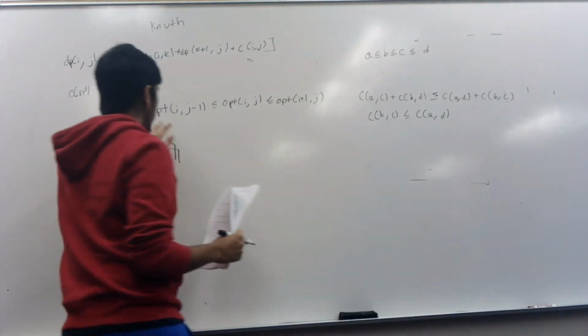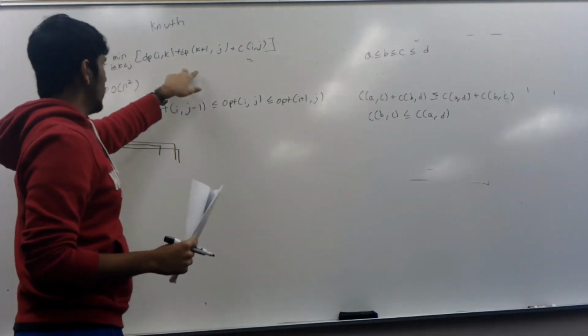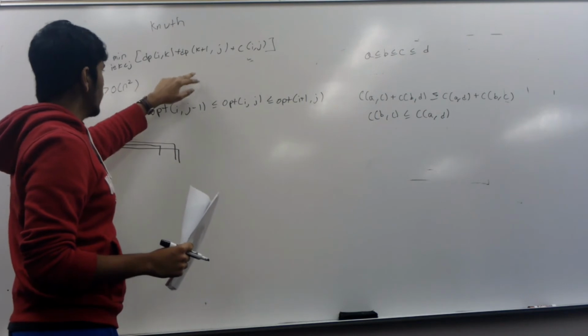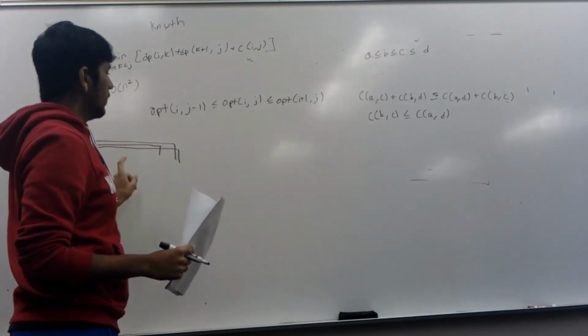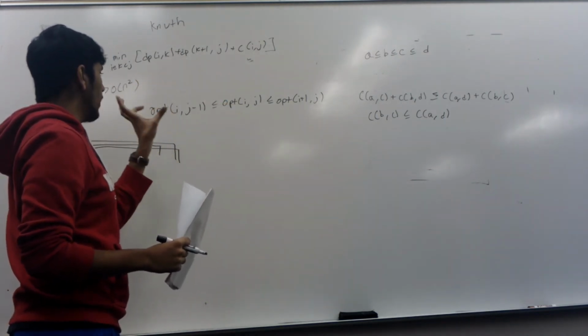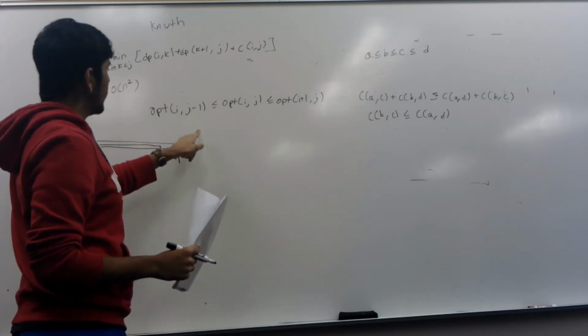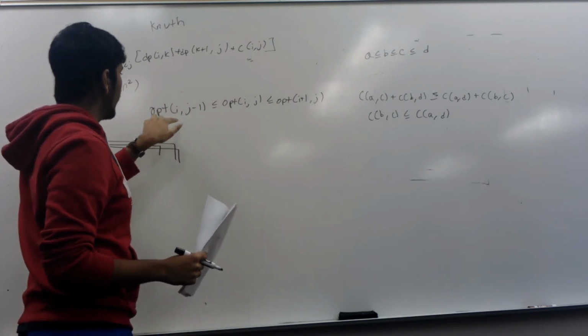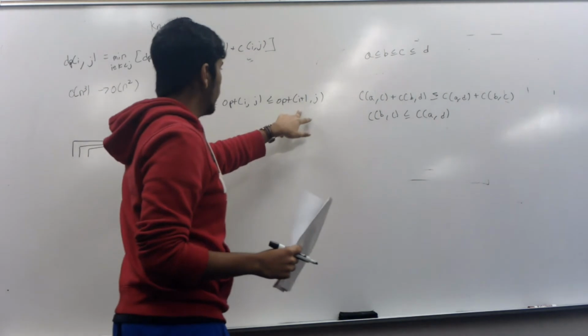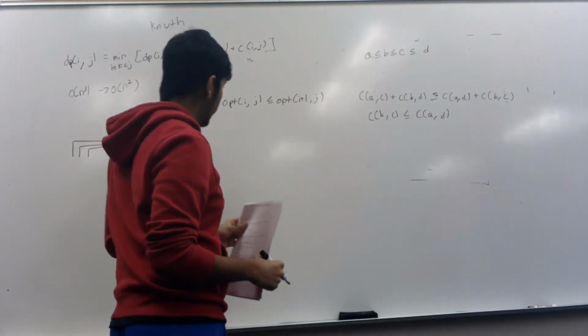So why does this help? Because when we're doing our usual naive transition, we loop through all the elements in that range. Instead, all we have to do is loop from opt of i, j minus 1 to opt of i plus 1, j.